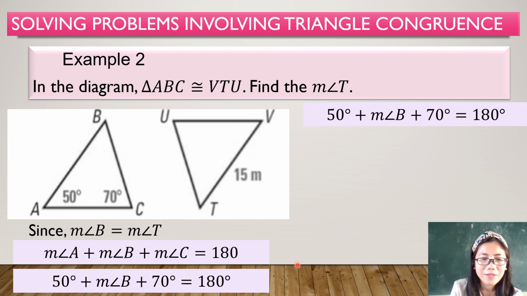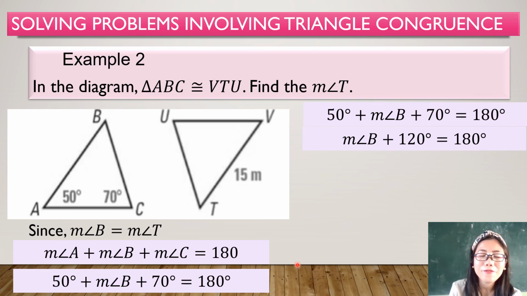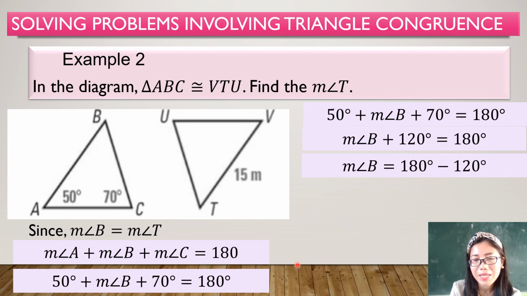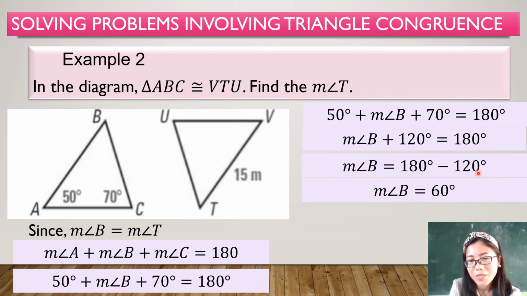Then you add 50 degrees and 50 degrees, that sums up to 120 degrees. Then you transpose 120 degrees, that becomes minus 120 degrees. So 180 degrees minus 120 degrees is 60 degrees. So the measurement of angle B is 60 degrees.